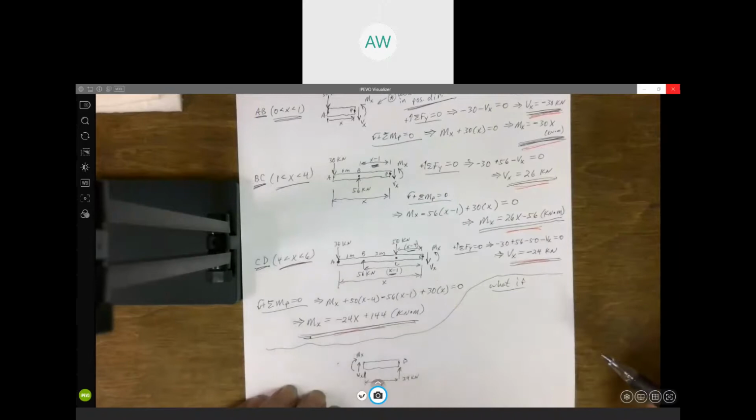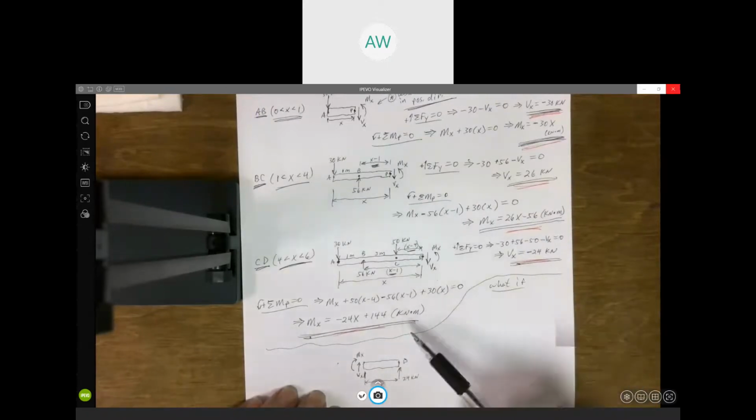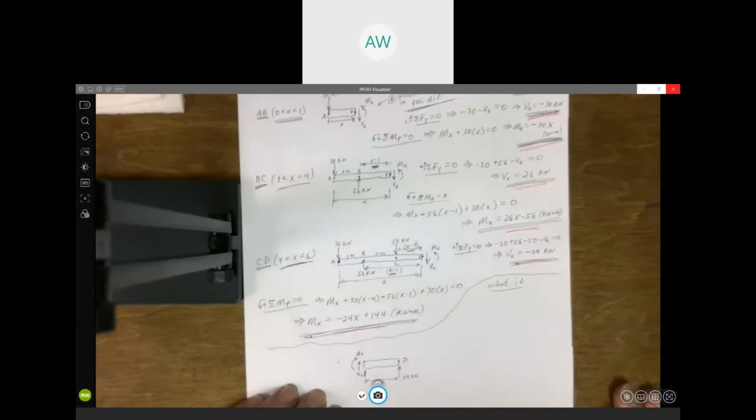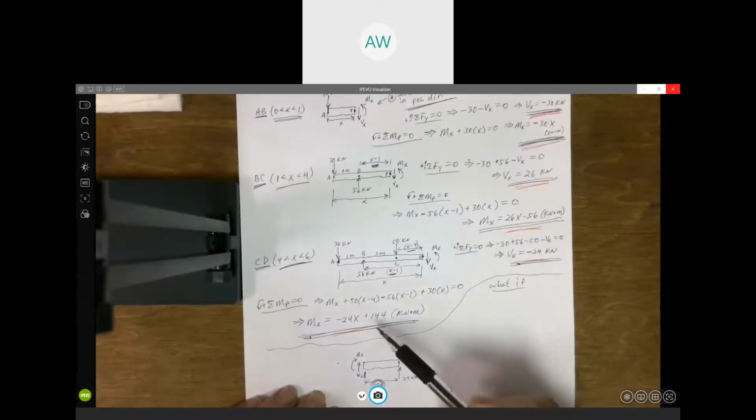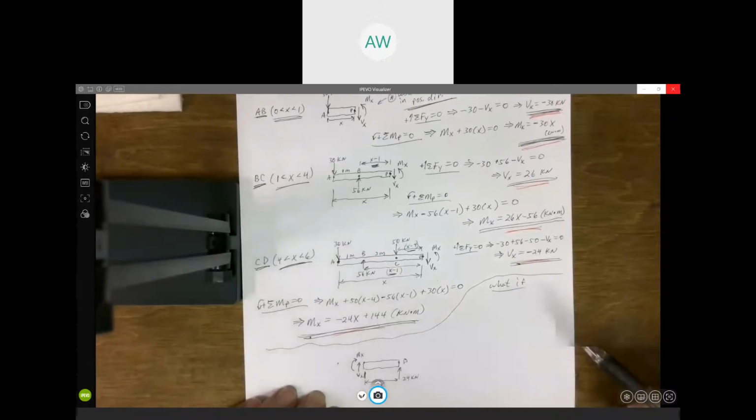Anybody have any thoughts or ideas why, if we did this, we would not get the same equation as we got up here? V would actually turn out to be correct. Moment, not. No ideas why, if you do this, you don't get that same moment equation?